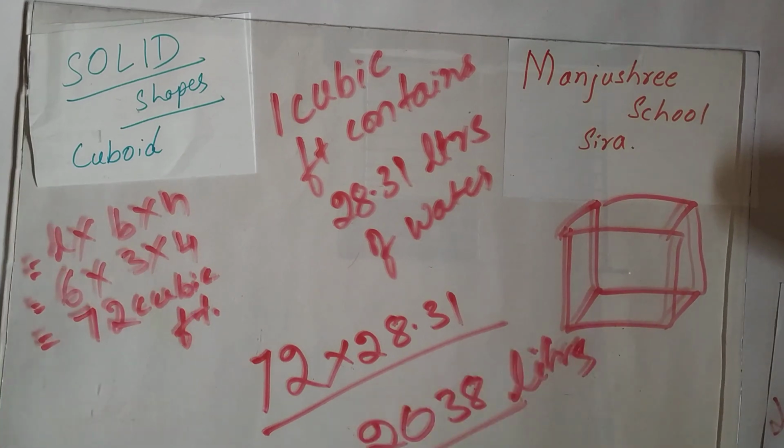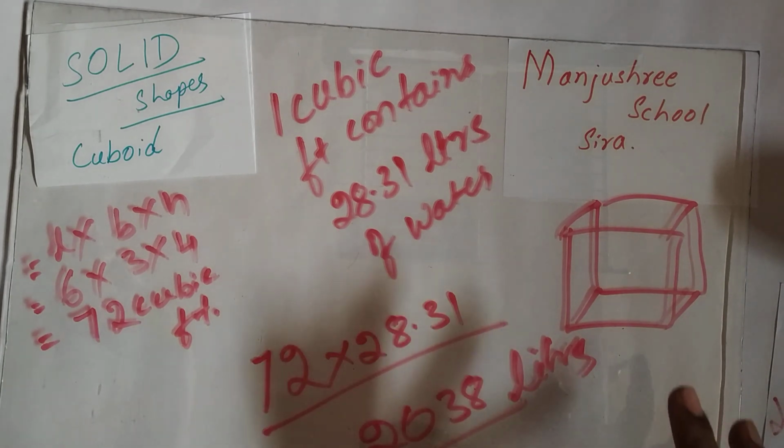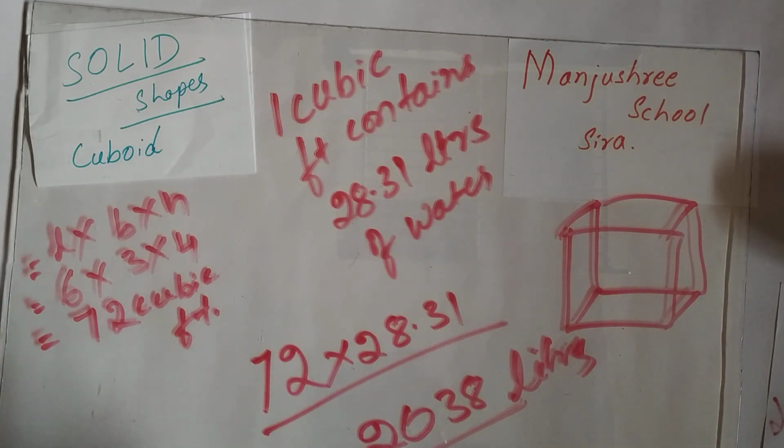So now we are able to understand how much water is in the water tank. I think it's almost equal to half of a tractor water tank. So this is how we need to find the volume of the water inside the tank.